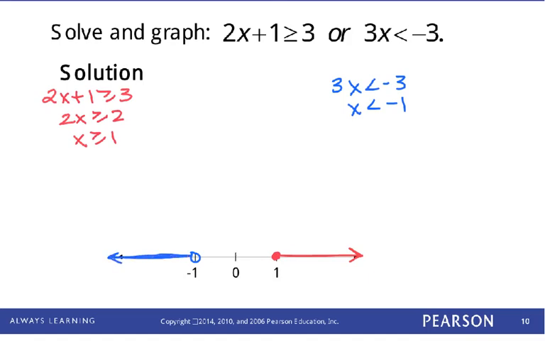And that is the graph of the solution set, because even though there is no overlap, there doesn't need to be. Any number that is covered by either the blue or the pink arrow is a solution because it's the word or. It doesn't need to satisfy both, just one of them.